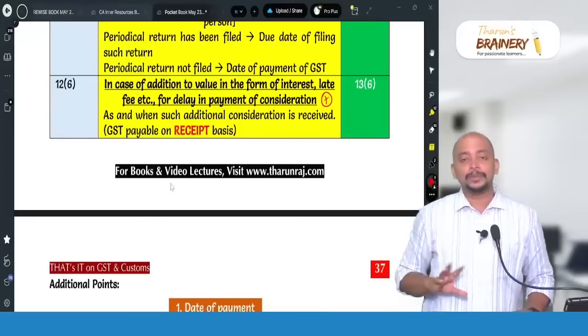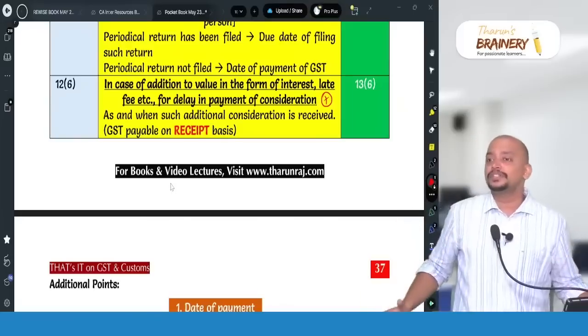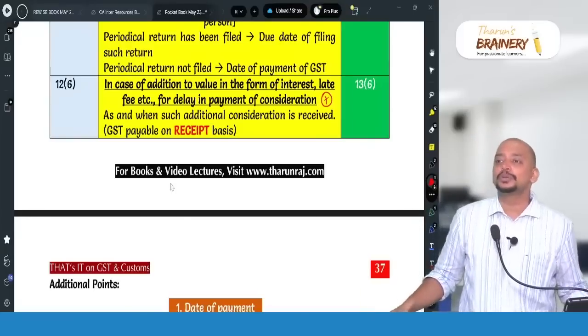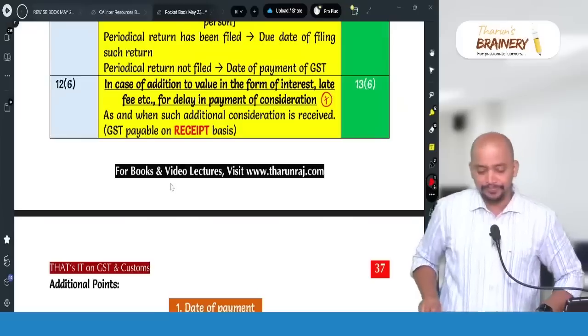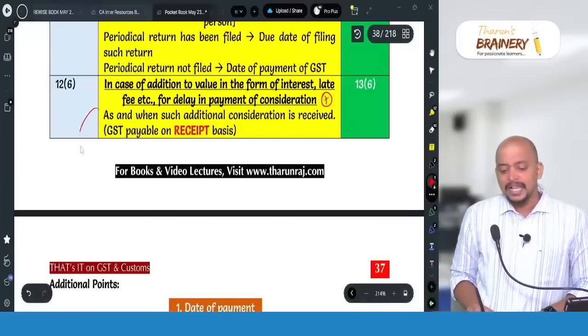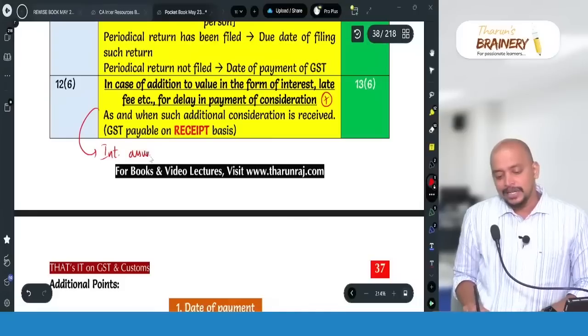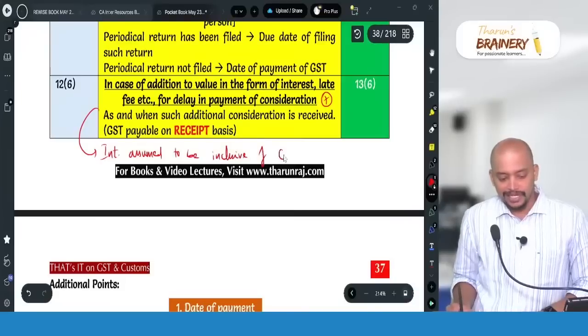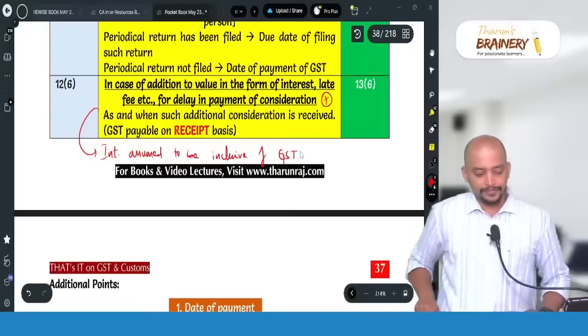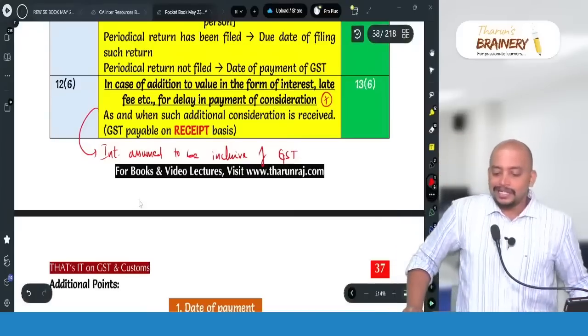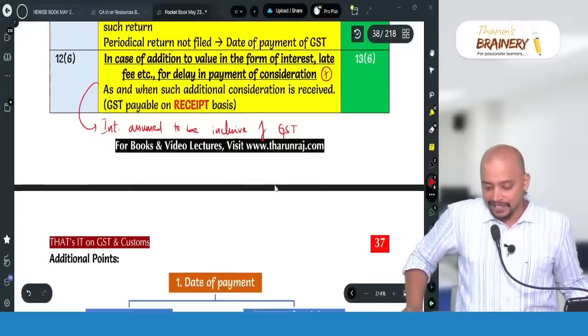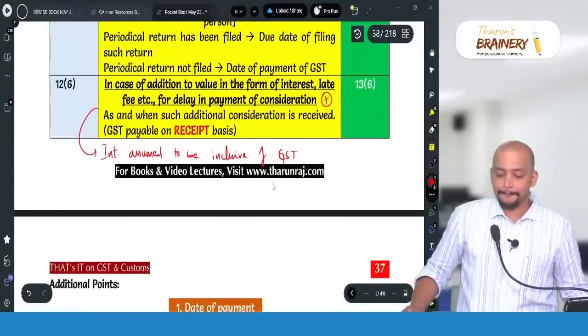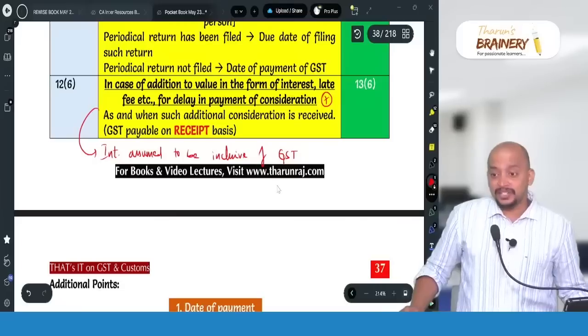And one more important point is that in the absence of information in the question, interest is assumed to be inclusive of GST. Is it clear? I am writing that here: interest assumed to be inclusive of GST, in the absence of information.